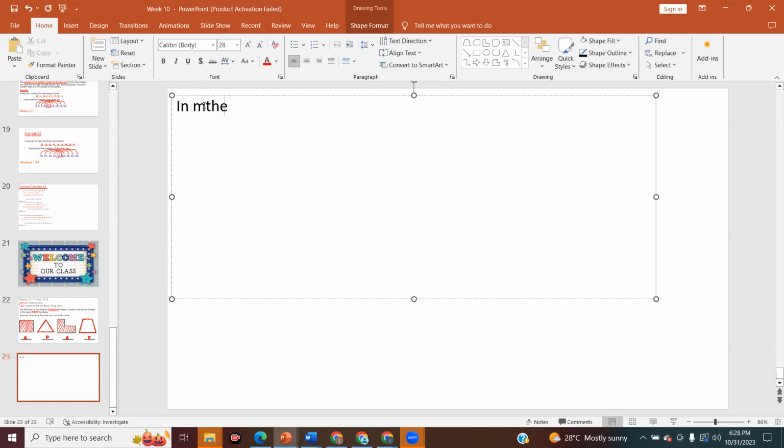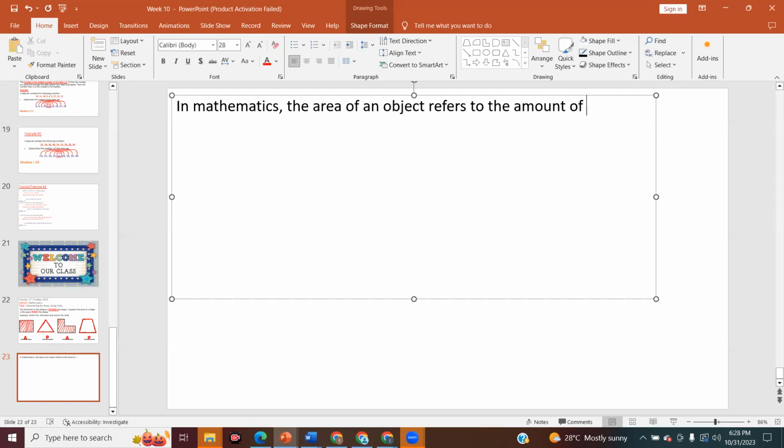So in mathematics, the area of an object refers to the amount of, write this down for me, please.